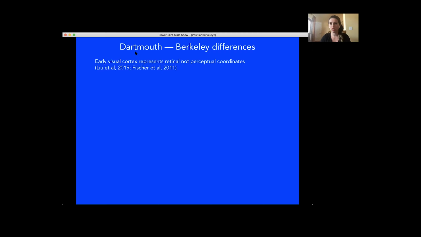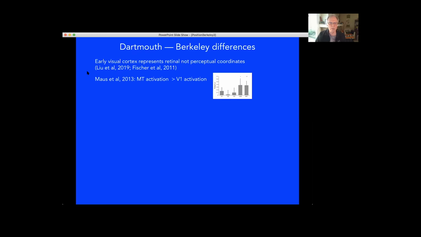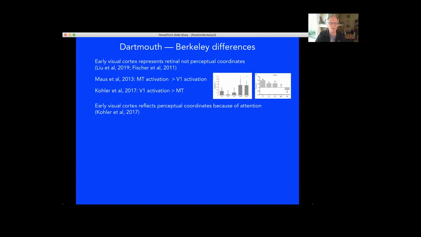Okay, so it hasn't escaped our attention that the studies from Dartmouth and the studies in Berkeley show a lot of differences. Now, I won't go through that here. We can get back to it. But there are some similarities, and the study of Gerrit in 2013 and the study of Peter Kohler in 2017 have seen the opposite direction results.